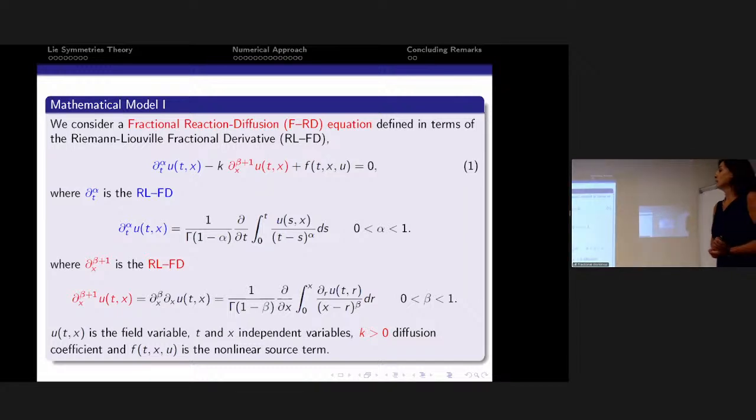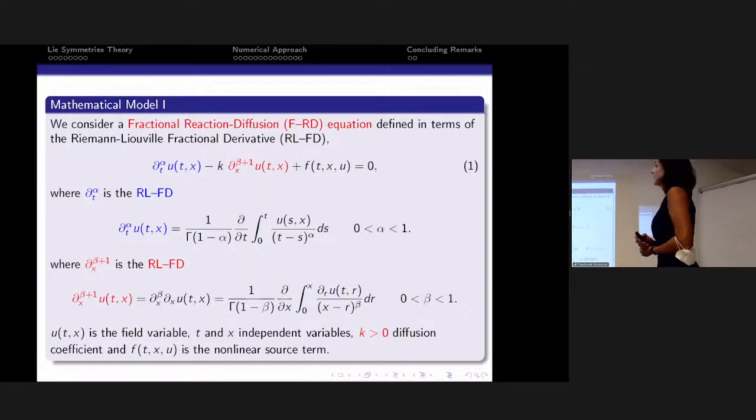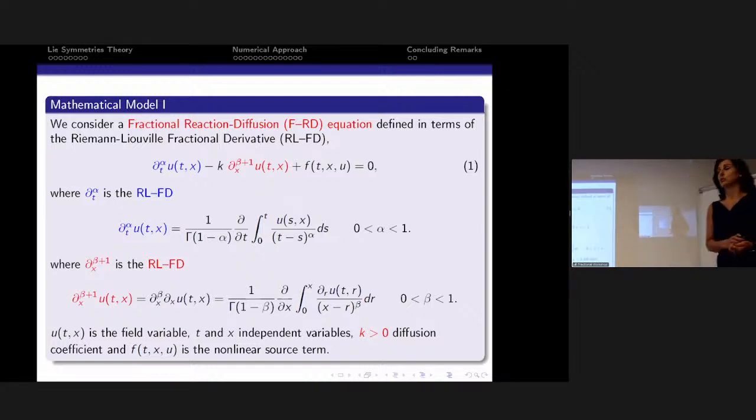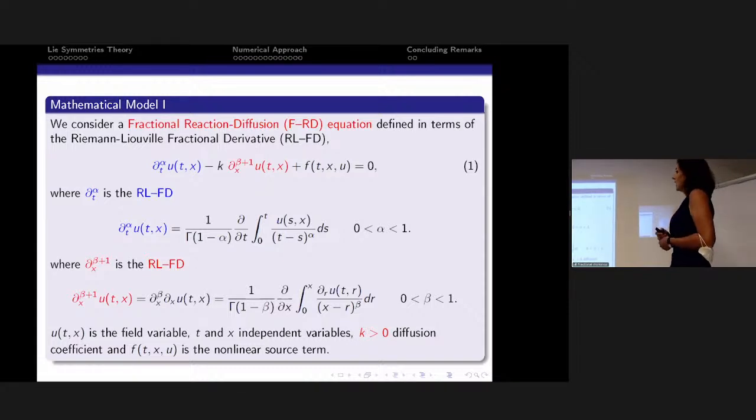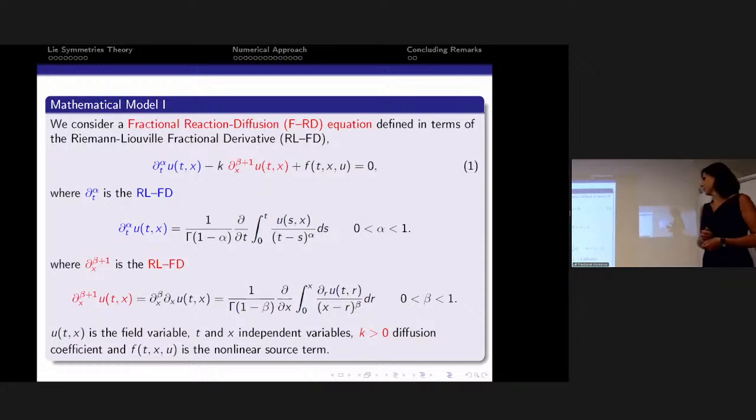We have the alpha order derivative with respect to t and the beta plus 1 order with respect to the space. Here we report the classical definition of the Riemann-Liouville derivatives. Now we have k, the diffusion coefficient, and f is the source term that in general we consider as a nonlinear function of the field variable u.